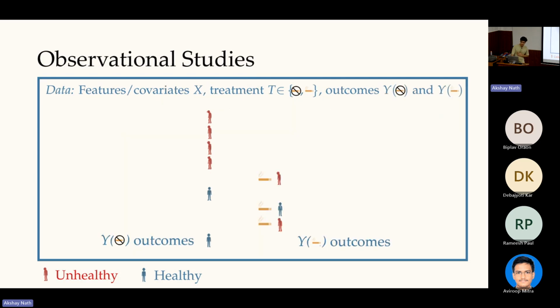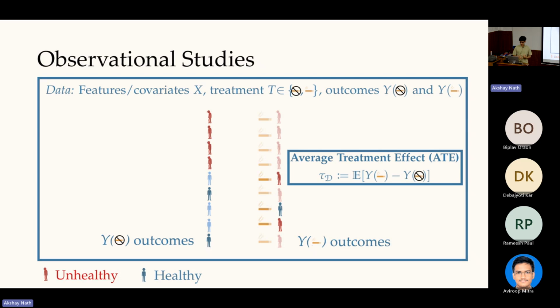Okay. And there are many ways of measuring the effect of a treatment on the outcomes. And a standard metric here is the average treatment effect, which is defined as the difference in the average outcomes in two extreme worlds. In one world where everyone decides to smoke, and in the other world where no one decides to smoke.